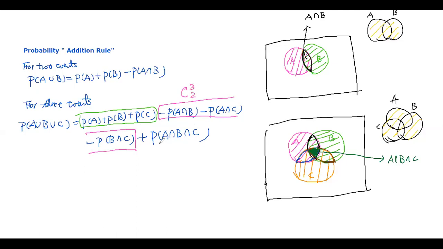Then the last group, you add back, which is like C(3,3). So you alternate the positives and negatives. Let's take a look at our next problems and you will see what I mean.